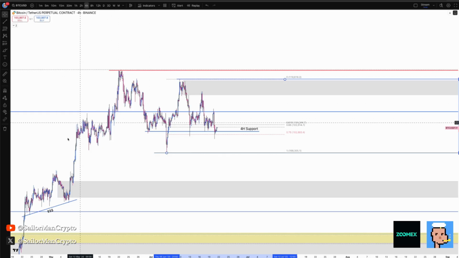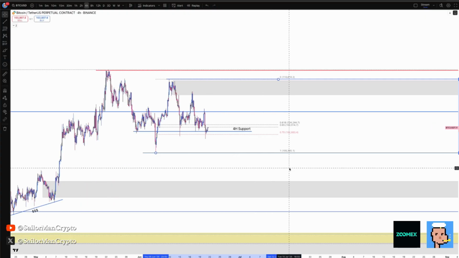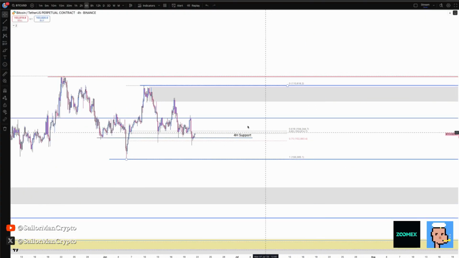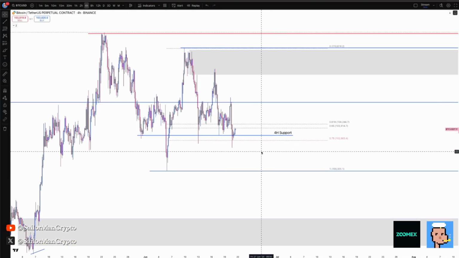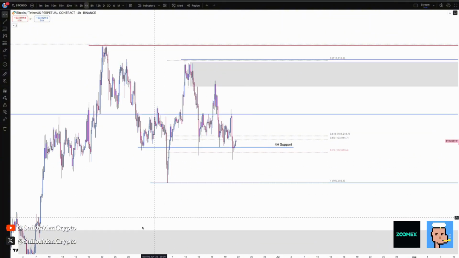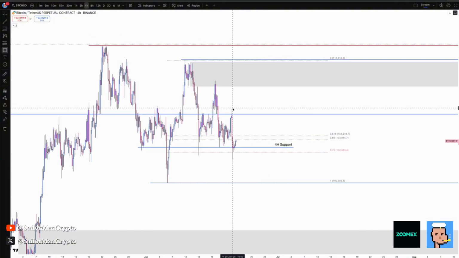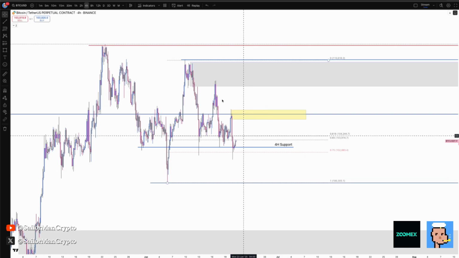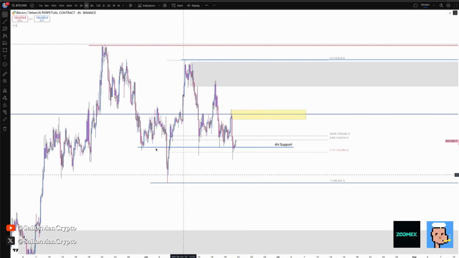I don't see anything interesting here because this was already tapped and we go down. So on the 4 hour, you can further map your levels, and in the case of the 4 hour, you have on this bearish move further supply. You see that it moved down, and you know that here there is demand.